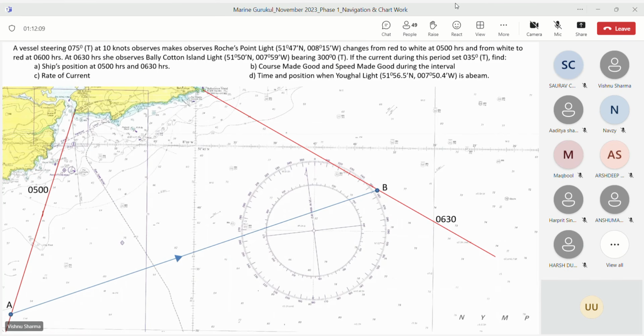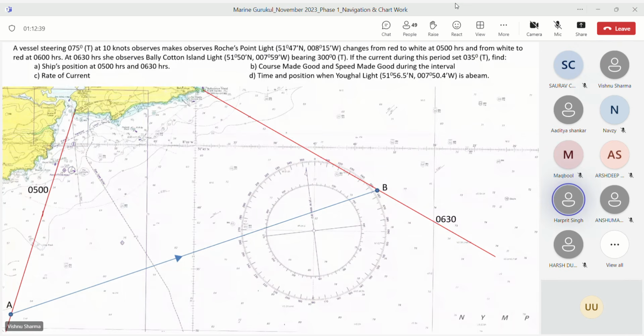Then see what is the interval between first and the second PL. First PL is 5 o'clock. Second PL is 6 o'clock. So what is the interval, beta? 1 hour. And what will be the engine distance in 1 hour? 10 knots, so 10 miles.